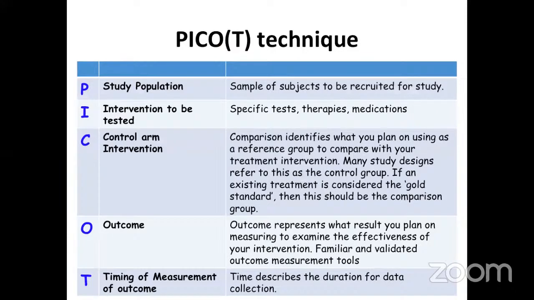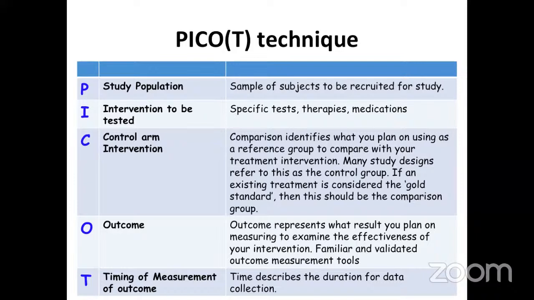So basically, we generate a research question based on a criteria known as the PICOT criteria. Now, what is this? One, you define the study population in the research question, and next you mention what is the specific intervention you are going to do. For example, you are doing a study on the effect of intrathecal buprenorphine on post-op analgesia.